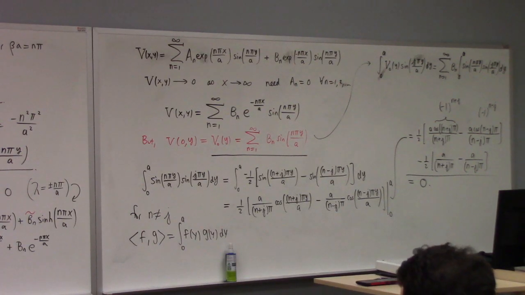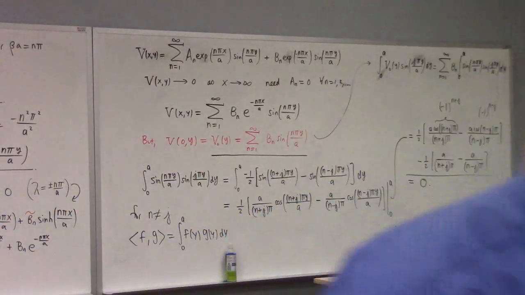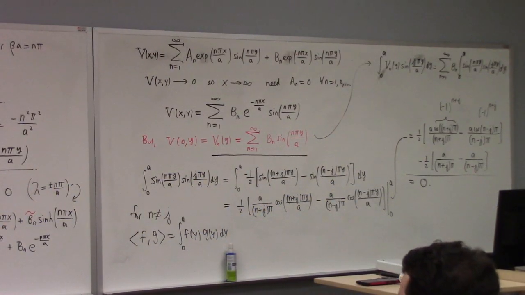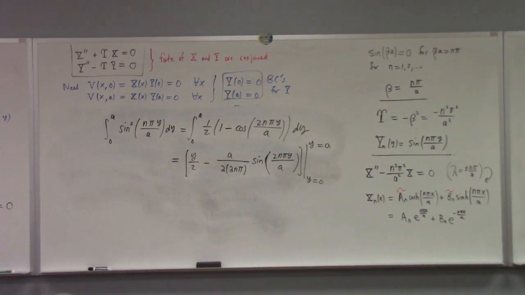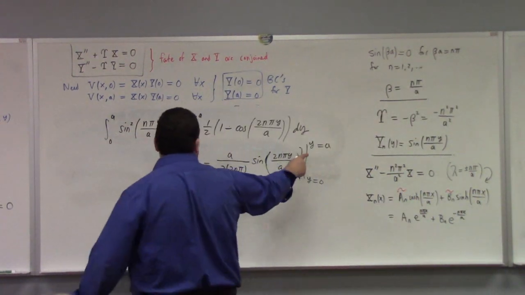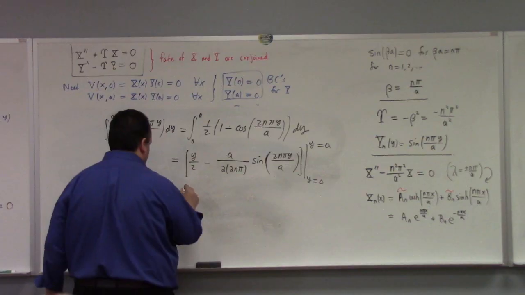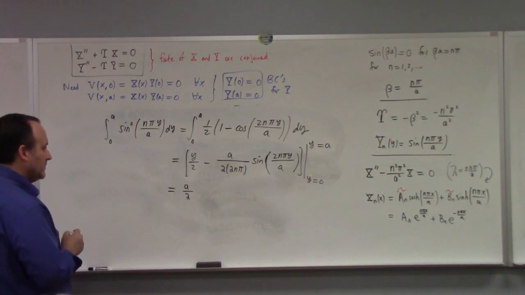Mercifully, the sine term goes away because we get a multiple of pi into sine, or 0. So the sine term is dead, and we're just left with the constant term, which reveals to us what? So you say a over 2? Is that right?